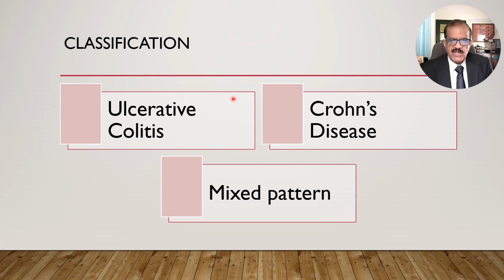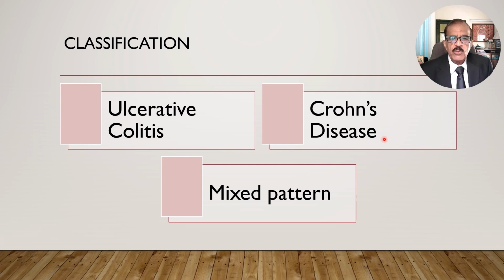So the classification: there are people who would have clear-cut ulcerative colitis. Their disease is confined to the colon only, and the findings on colonoscopy and biopsy are typical of ulcerative colitis. And there are other patients who have Crohn's disease, and it can involve any part of the gut.